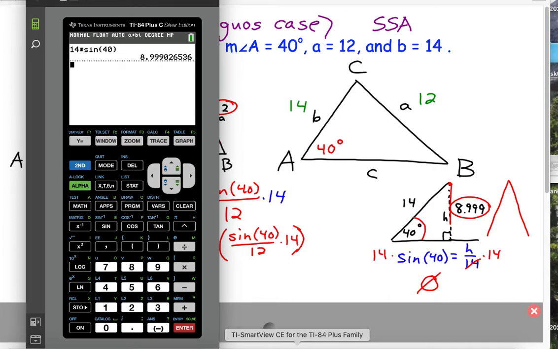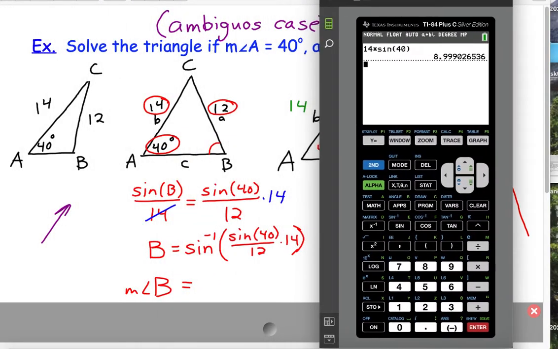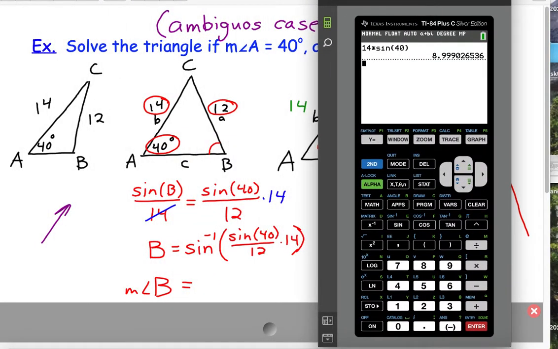And let's grab the calculator and take a look. I want to do the sine of 40 divided by 12 times 14, and I get that decimal. Now I want to do the inverse sine, so I want to know the angle whose sine is equal to that.